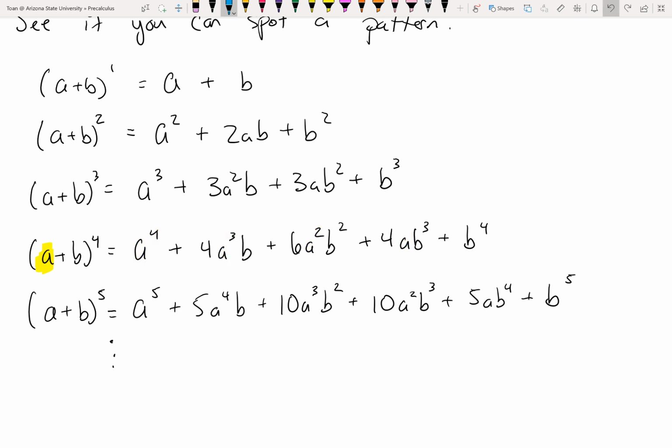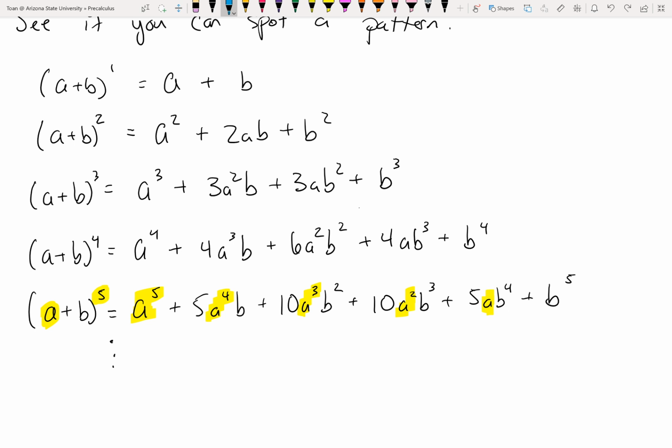Is that true for any expansion? Let's do this one here. This has lots of stuff to look at. I'm just going to highlight the a terms. So I'm going to highlight the exponent as well. So, a plus b to the 5th power. Let's just focus on the a terms. You go a to the 5, a to the 4, a cubed, a squared, a, and no a.